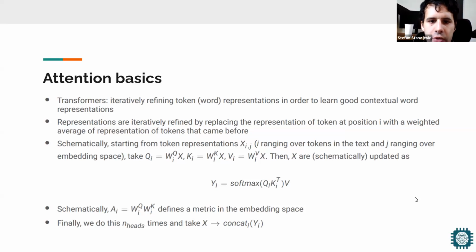So schematically, if we start from a set of token representations, which can be represented by a matrix X_ij, where i is going to range over tokens in the text, and j is going to range over embedding space, then we're going to construct three kinds of new representations called Q, K, and V. And each one is given by a matrix product of a weight matrix, W_Q, W_K, or W_V, and our input representations X. So we construct three kinds of new representations based on X, Q, K, and V, and then we do this.